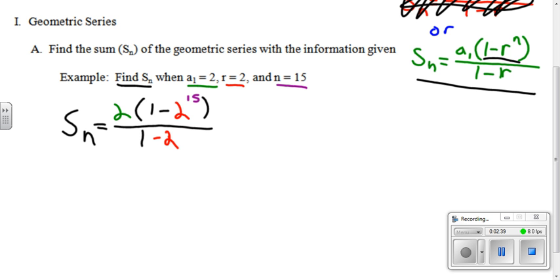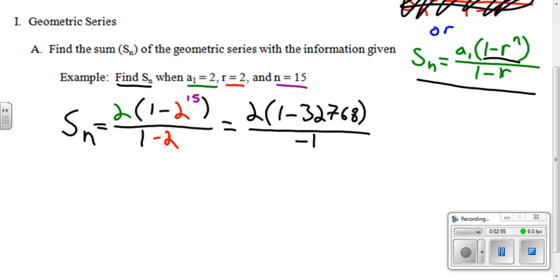Now all we have to do is solve right through. So it would be 2 times the amount 1 minus 2 to the 15th, which is 32,768. Pretty large number. 1 minus 2 is negative 1. Again, we just keep solving right through. 2 times 1 minus 32,768 becomes negative 32,767, still over negative 1.